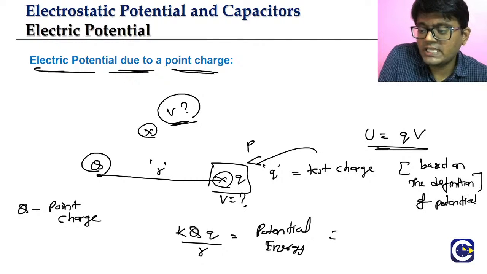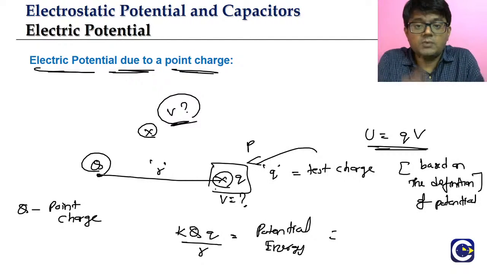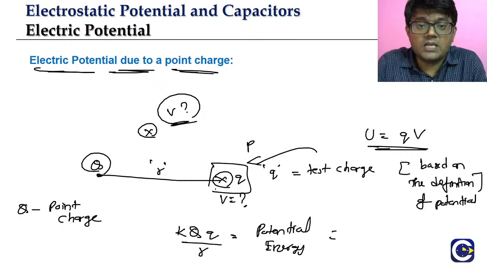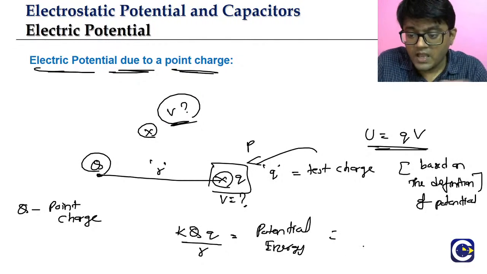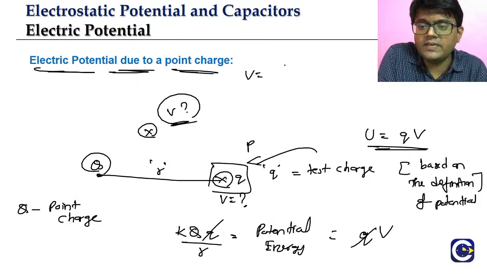If you keep the test charge at a location, the potential energy of the test charge equals charge times the electric potential at the location. Now we can equate these two values. When we equate, small q cancels. What are we getting? V is equal to what? K Q by r. That is all.